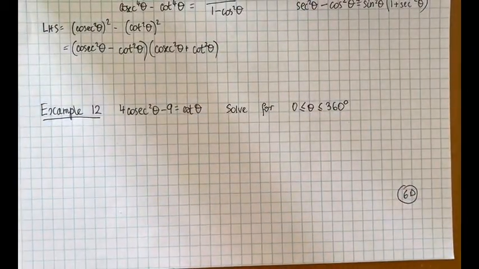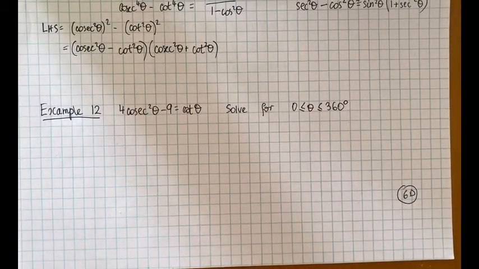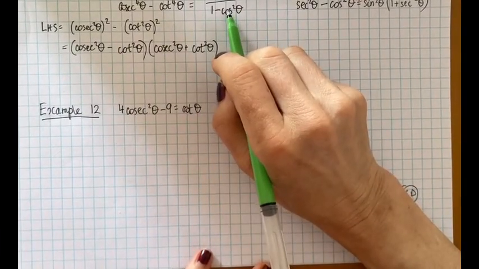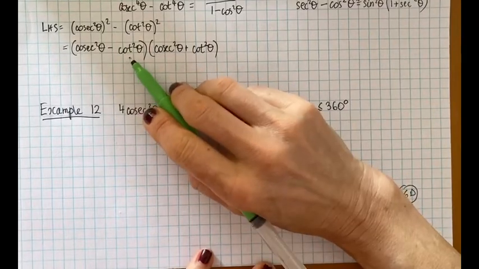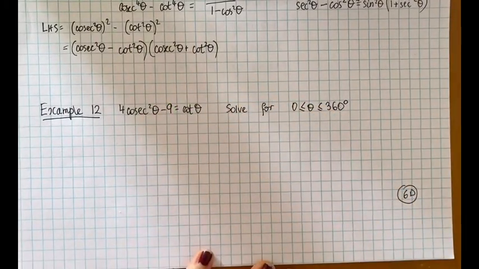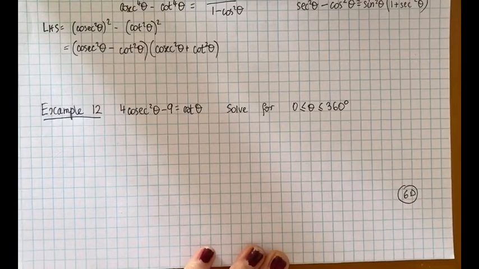There you go. Now, think about identities. It doesn't help that you are aiming for cos, and you've got cosec and cot in both examples. But what you may choose to do is use an identity that involves cosec and cot.